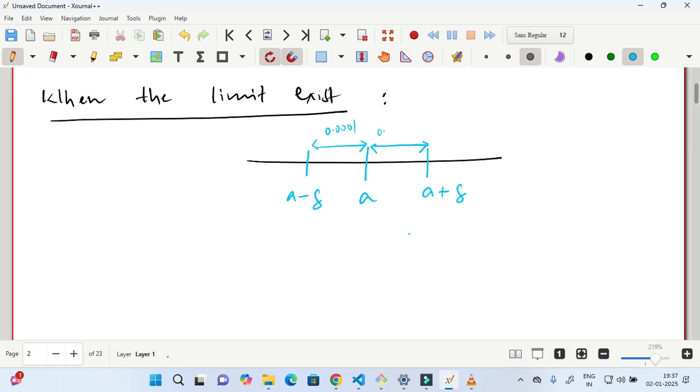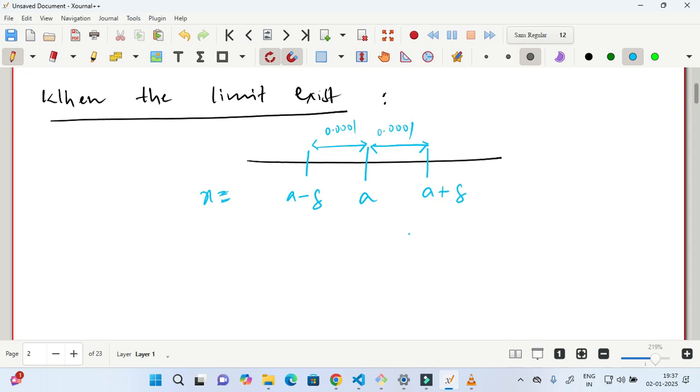This is also 0.0001. This is the x value. x is a minus delta, a, and a plus delta. I have taken 3 points. And now the limiting value.